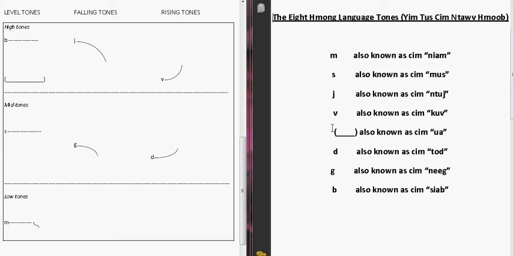Here, with no consonant at the end, known as ji or. Or means to do. There is no consonant letter at the end here. Ji or.